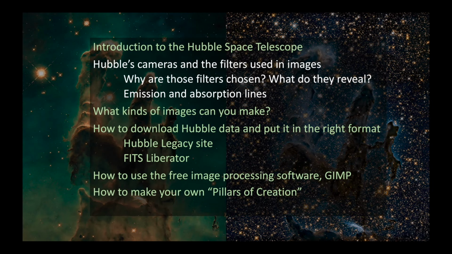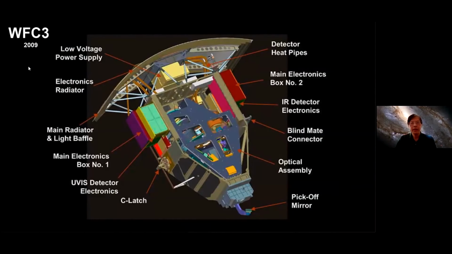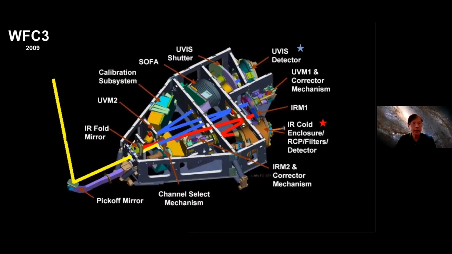So this is the wide field camera, and it's a huge instrument. It's about the size of a refrigerator. It looks complicated, but basically, if we just boil it down, it's a huge version of a digital camera. Light hits this pickoff mirror, and then it's separated into two paths. The blue path takes it into the UVIS, which is the ultraviolet and visible detector.